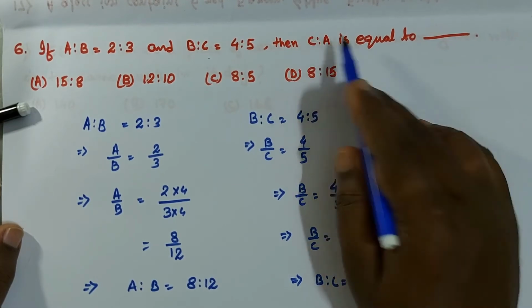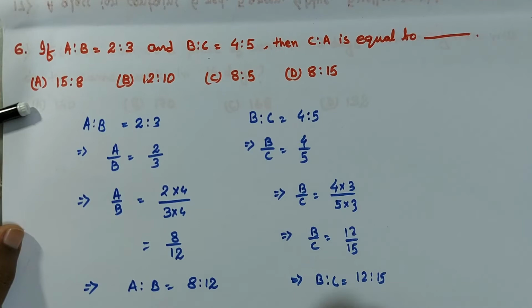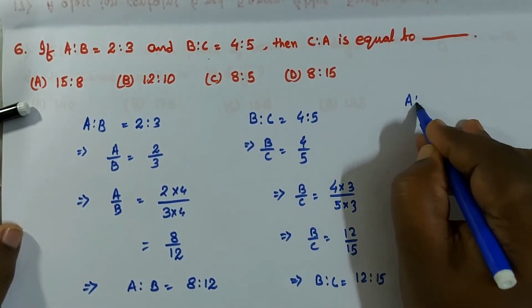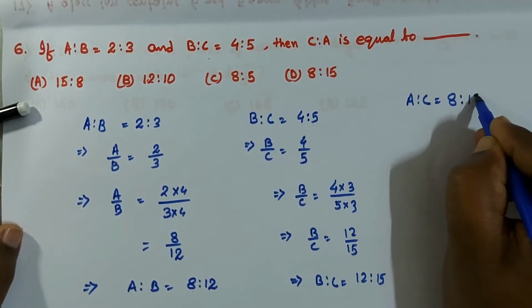So C is to A is here an inverse proportion. From this we can determine A is to C will be 8 is to 15.